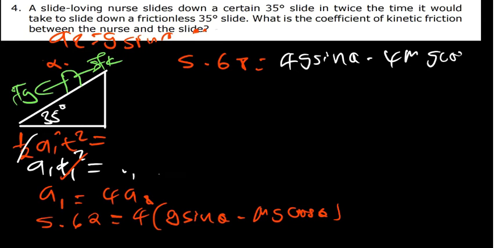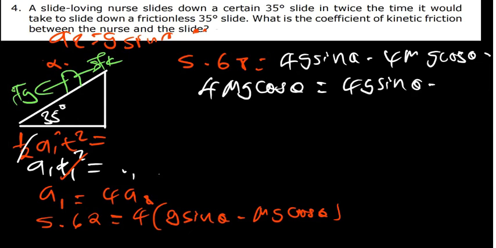g cos theta. I can shift this to the left hand side, and then shift this to the right hand side. So 4 mu g cos theta is going to be equal to 4g sine theta minus 5.62. We divide everything by 4g cos theta.